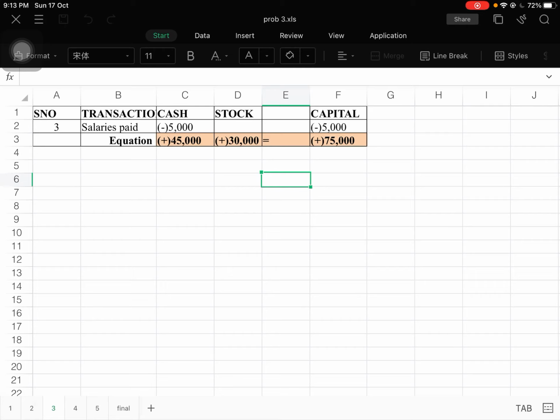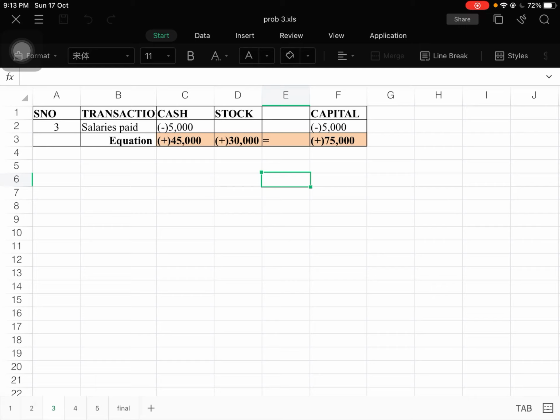Transactions like salaries paid or rent paid are all going to reduce the capital to that extent. Similarly, if there is any income, then we will add it in the capital. Any gain on account of sale of goods will also be added to the capital. Any discounts received from the suppliers, you will add in the capital.